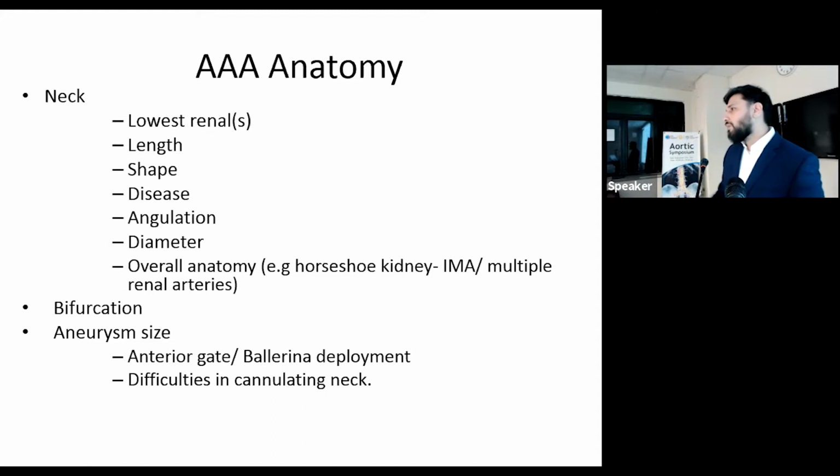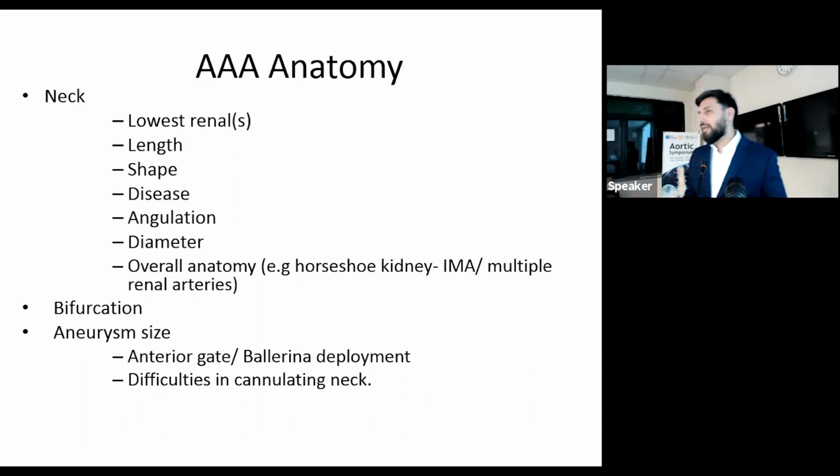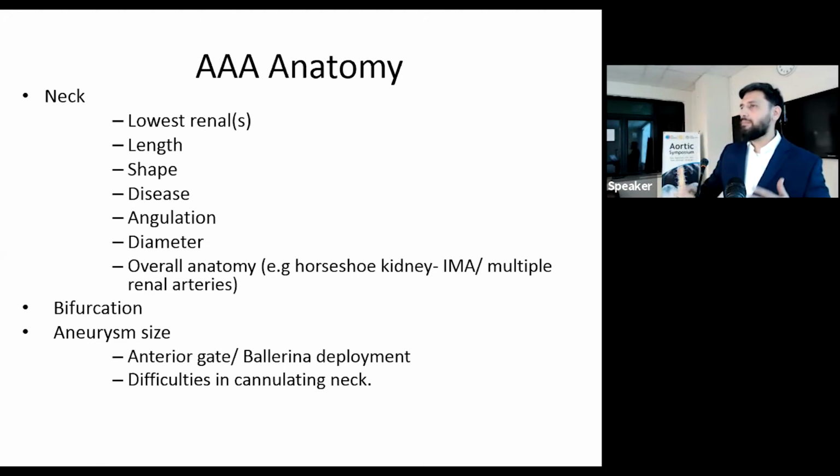The main body graft has, as we know, an ipsi limb and a contra gate, and the contra gate needs to be cannulated from the contra iliac. And that can sometimes be quite challenging, particularly if it's a massive aneurysm. It's a huge sac that you're going into from a small tube, i.e. the iliac.